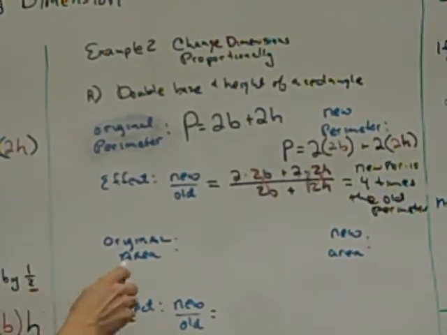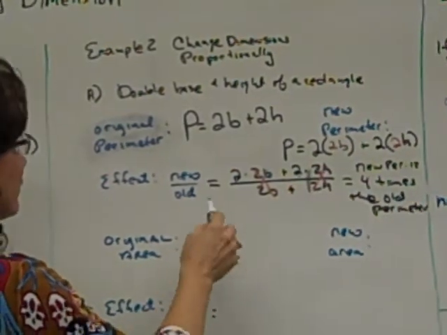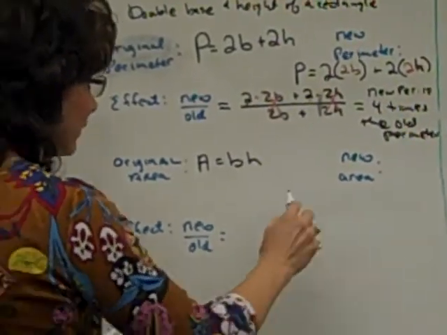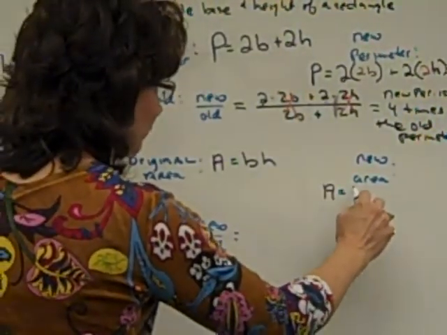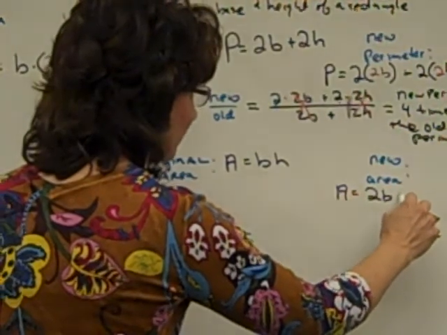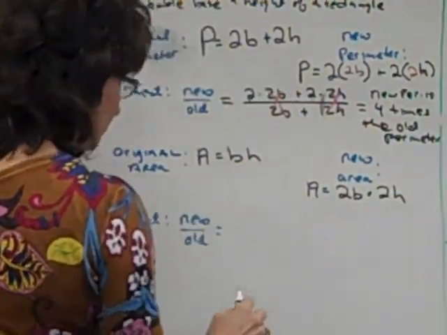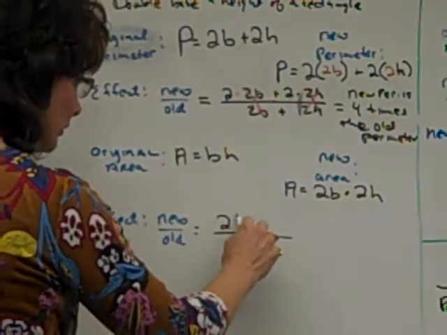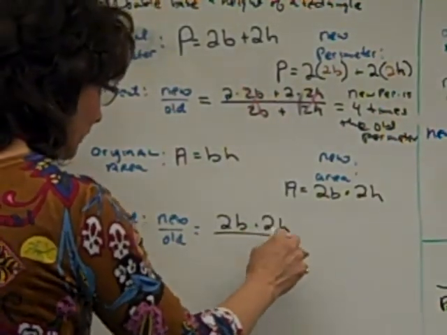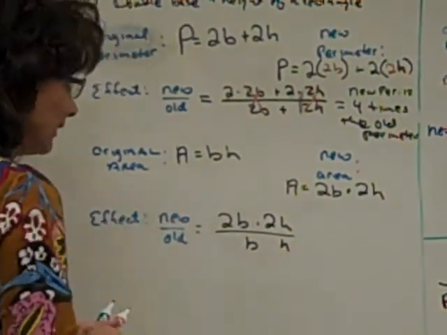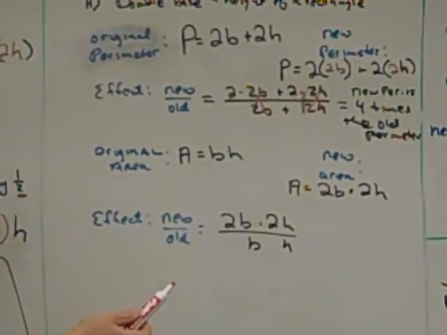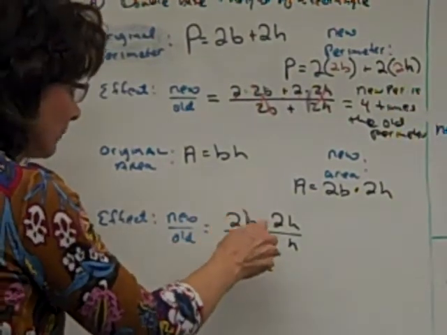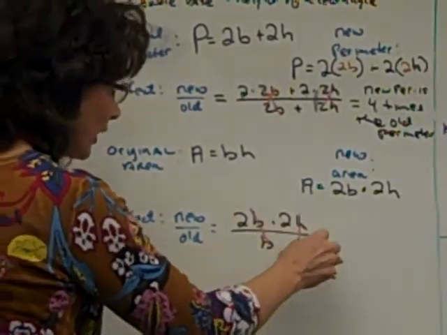What about area? Well, my original area for a rectangle, area equals base times height, and my new area will be area equals 2 times the base times 2 times the height. Again, just put the new formula over the old one, 2 times the base times 2 times the height, over base times height. Notice it doesn't matter what the base and the height actually are, because they're going to cancel out every time when you do this. Base over base is 1, height over height is 1.